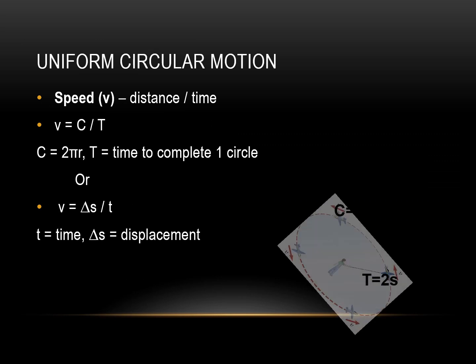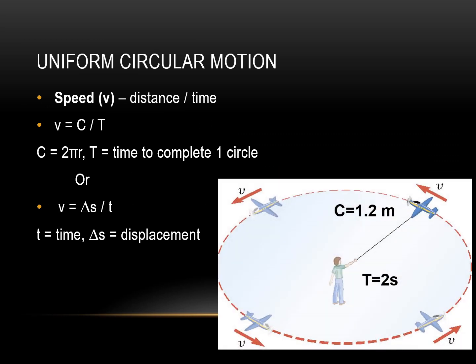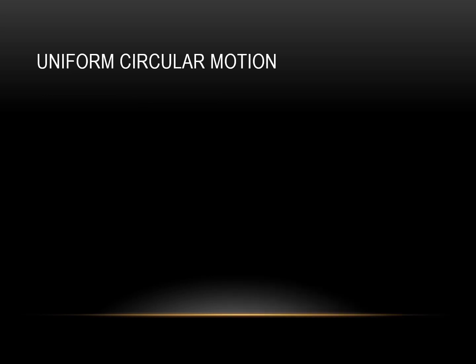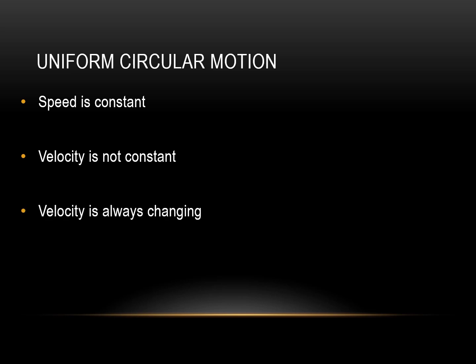Here you can see the formula to find v, which is speed, and also C. C here is the distance, and T is the time to complete one circle. So the condition of uniform circular motion is the speed is constant, velocity is not constant, velocity is always changing, and meanwhile this acceleration is centripetal acceleration.